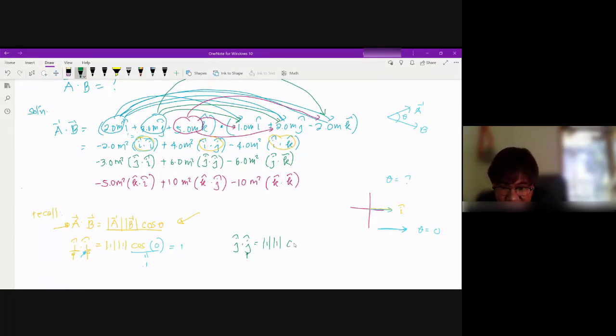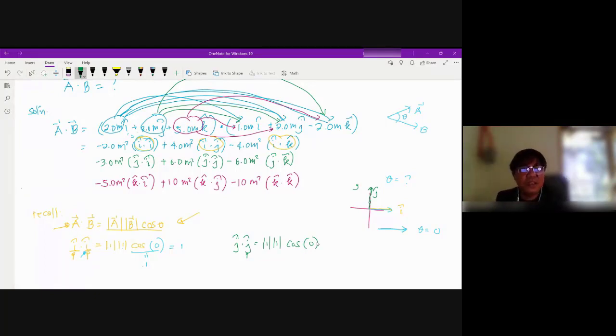Now, what is the angle between them? The j hat is on the y-axis. So the angle between j hat and j hat is also 0.